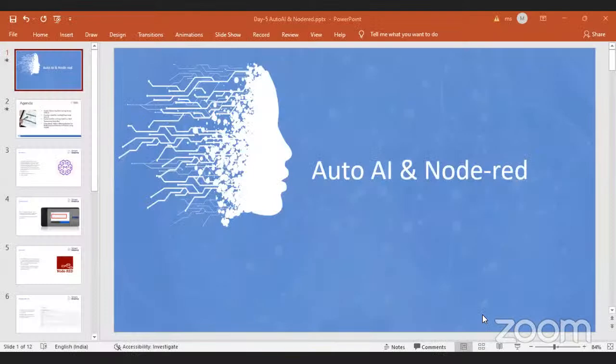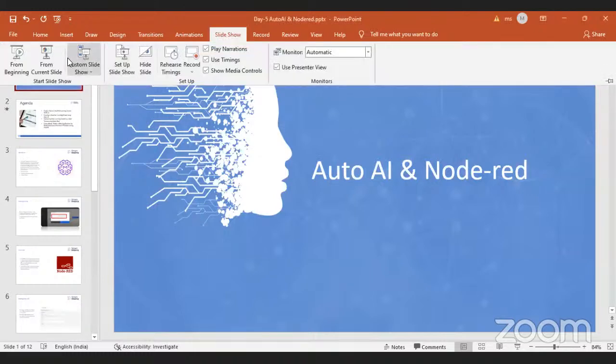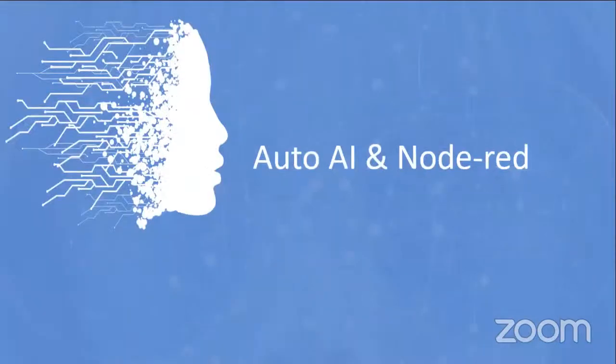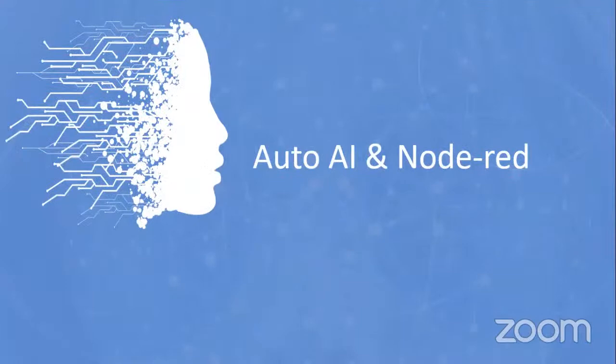So let us quickly move on to today's agenda. I hope my screen is clearly visible. Our module 5 is Auto AI and Node-RED.